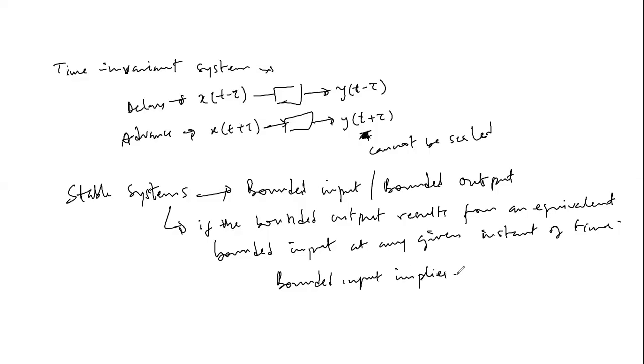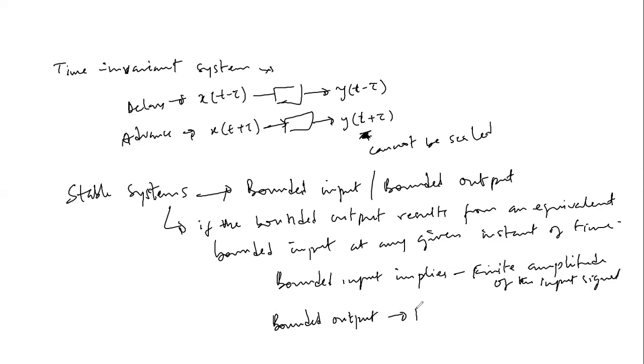implies finite amplitude of the input signal, and bounded output implies finite amplitude of the output signal.